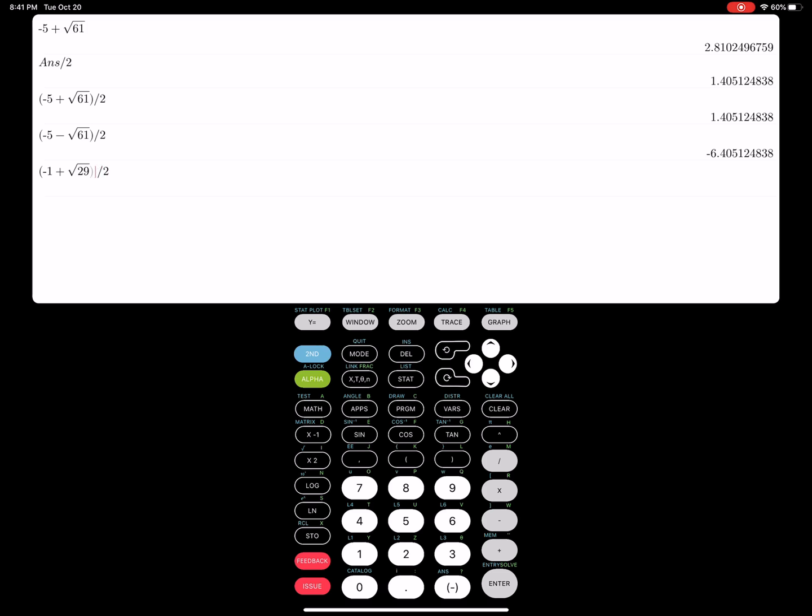Then I also need to do the same thing, but minus. Negative 1 minus the square root of 29 over 2 is negative 3.9, and the adding is positive 2.9.